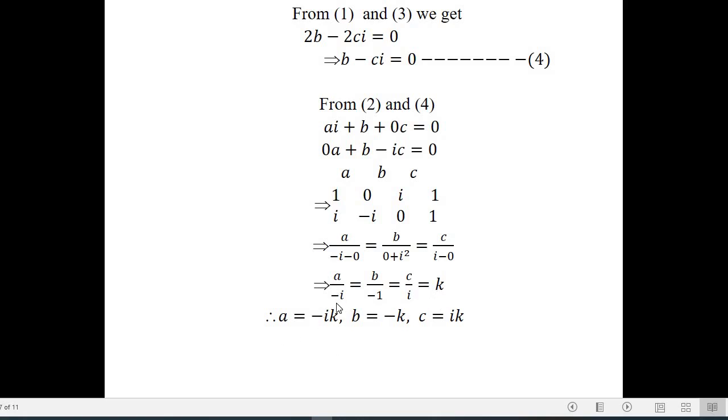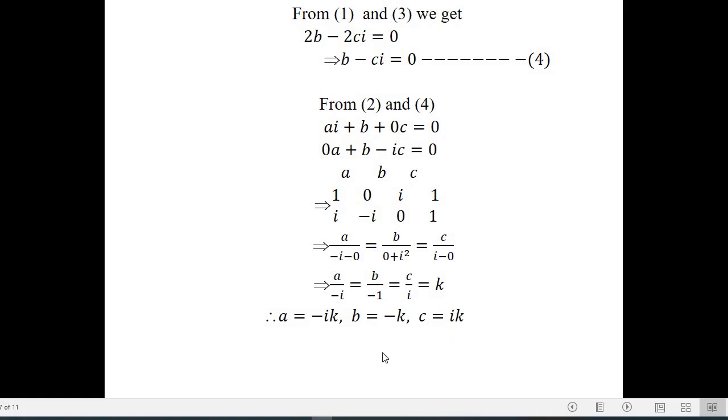Then what is the a value? Minus i into k is minus ki. Similarly, b divided by minus 1 equal to k. Then what is the b value? Minus 1 into k is minus k. c divided by i equal to k. Then what is c? i into k. We get a equal to minus ik, b is equal to minus k and c is equal to ik.